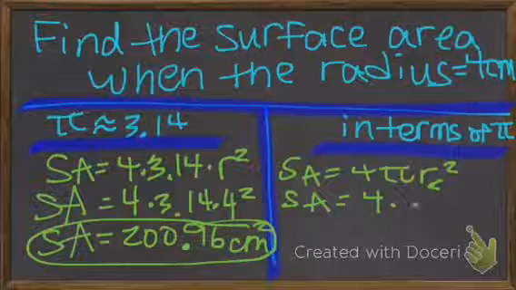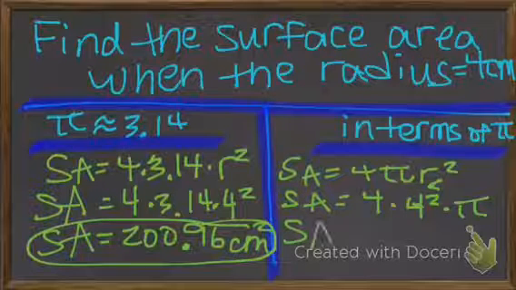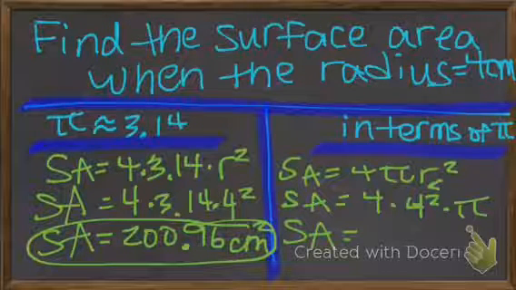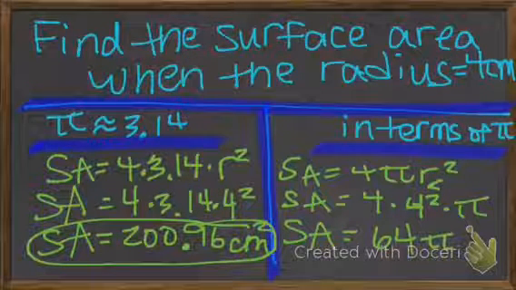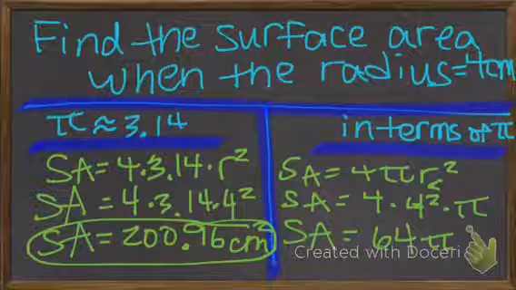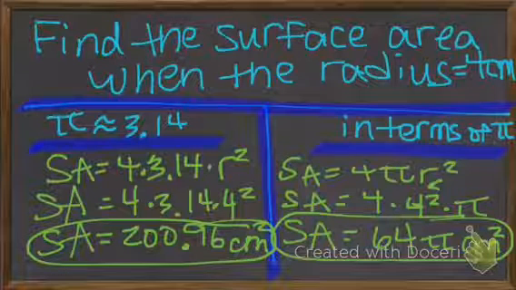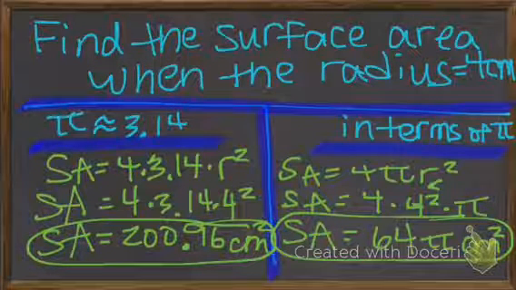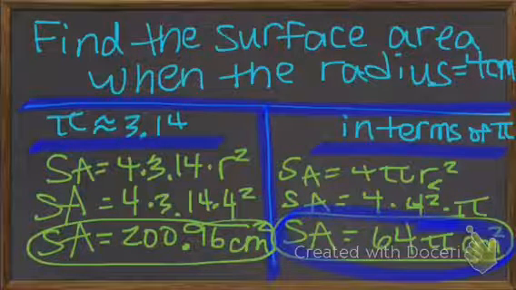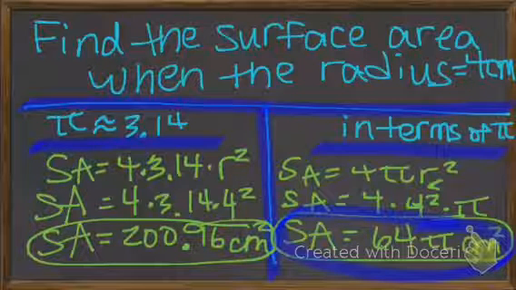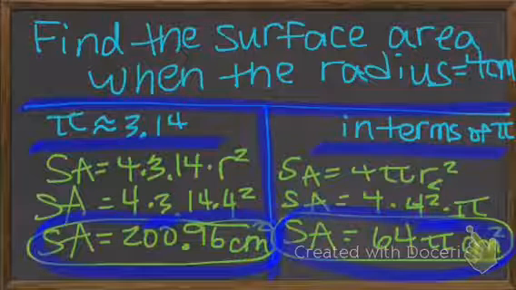Radius was 4 still, times pi, and I just leave pi there. 4 times 4 squared gives me 64, and I put my pi, and my units are centimeters squared because it is surface area. So these two answers are almost equivalent. This one with 64 pi is going to be more exact because we didn't approximate pi as being 3.14. But they are both valid answers. It just depends on how you are asked to answer the question.